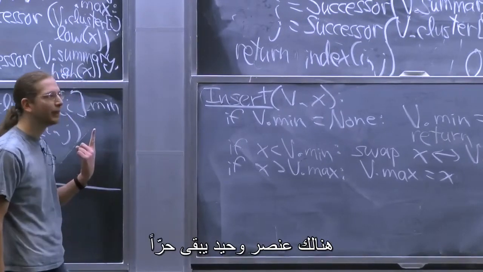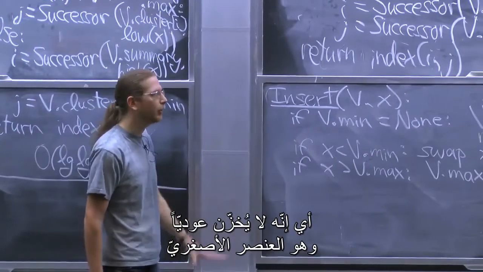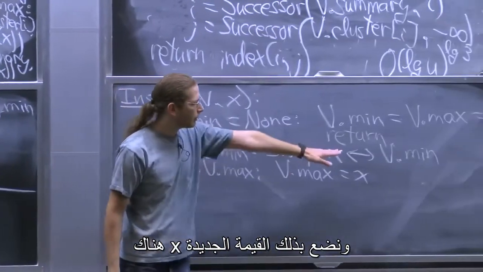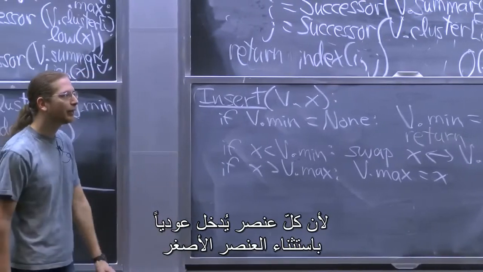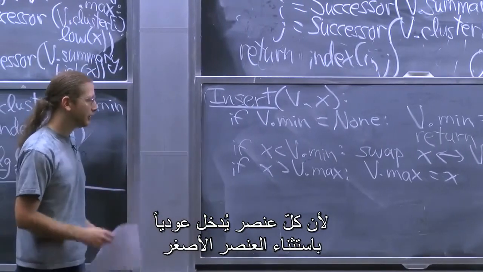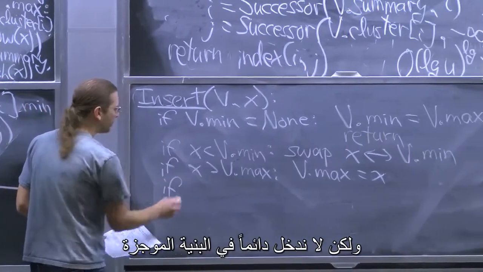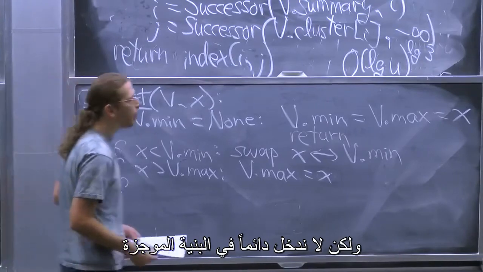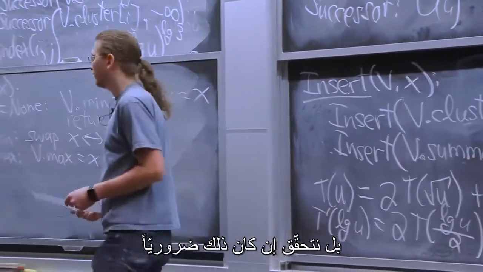There's only one item that gets this freedom of not being recursively stored, and it's always going to be the minimum one. So the new value x goes there. Whatever used to be there now has to be recursively inserted, because every item except the minimum, we're going to recursively insert. So the rest is pretty much the same, but instead of always inserting into the summary structure, we're going to see whether it's necessary.